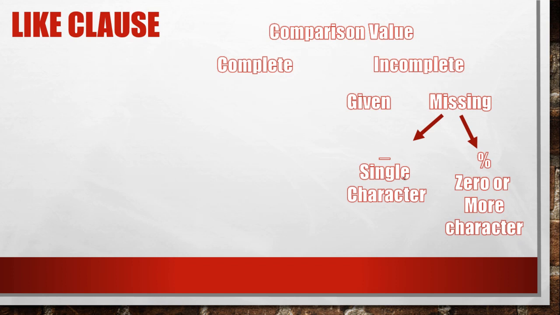So underscore is used when a single character is missing, and if there are any number of characters, then we use the percentage symbol.